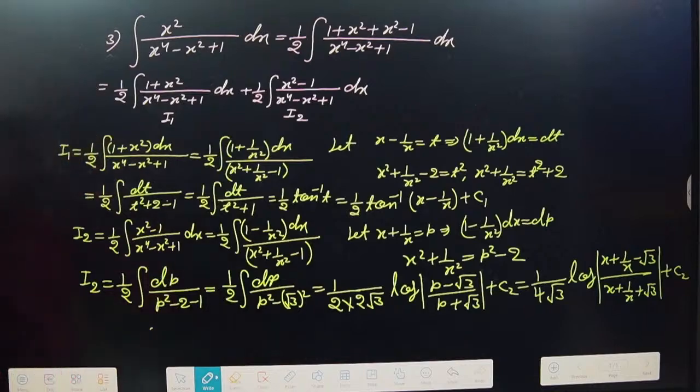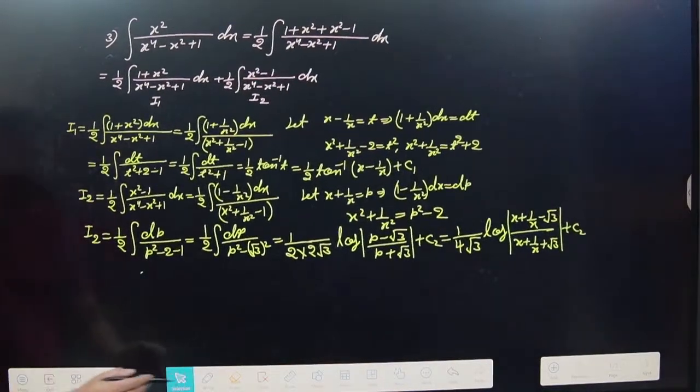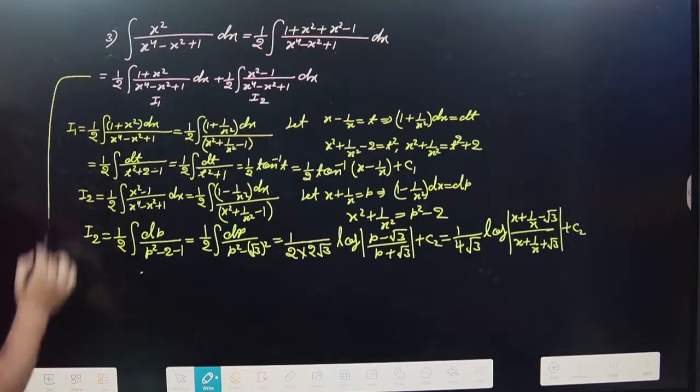Now put these two values in equation number 1.